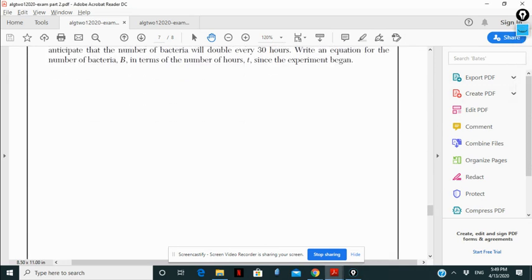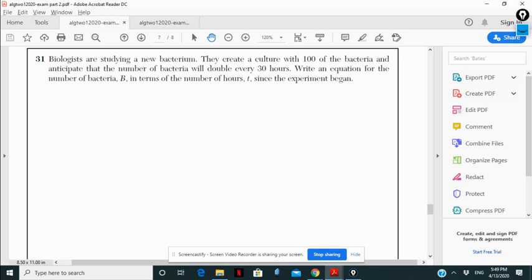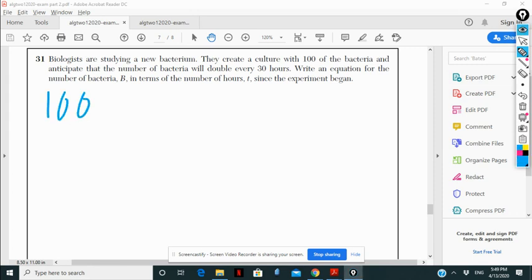Question number 31. Biologists are studying a new bacterium. They create a culture with 100. So the initial amount is 100. So that's A. And they are doubled, so R equal to 2 every 30 hours.